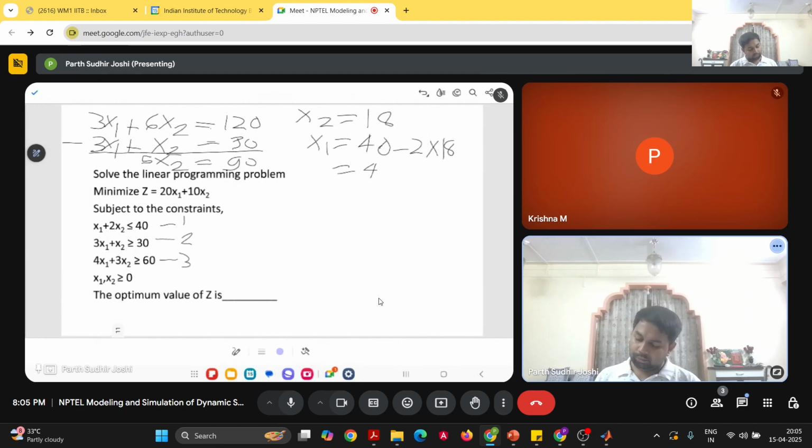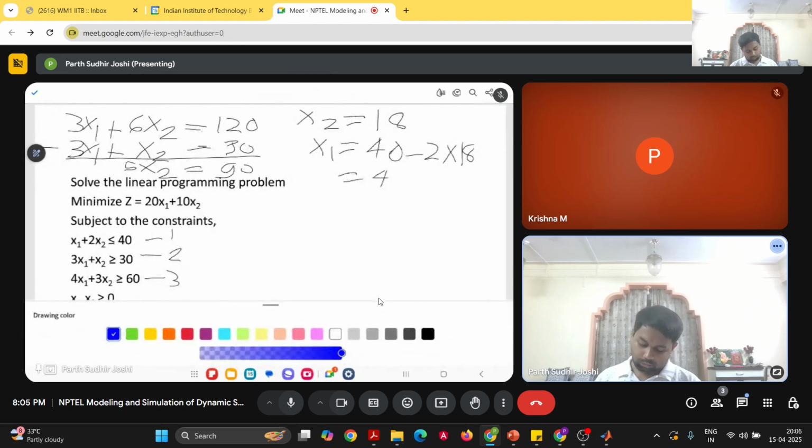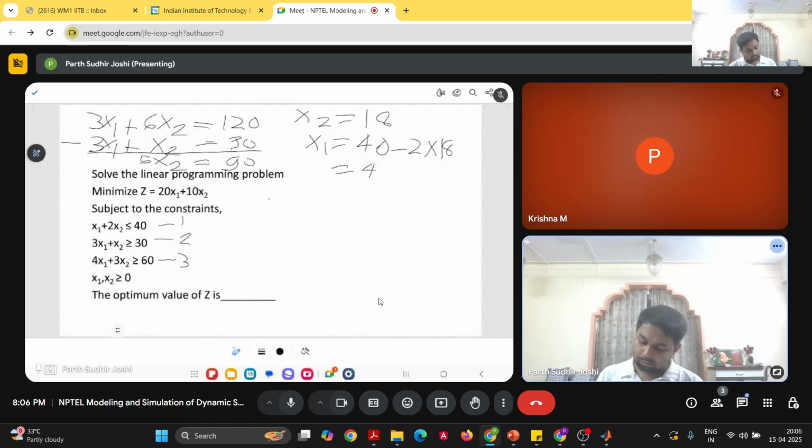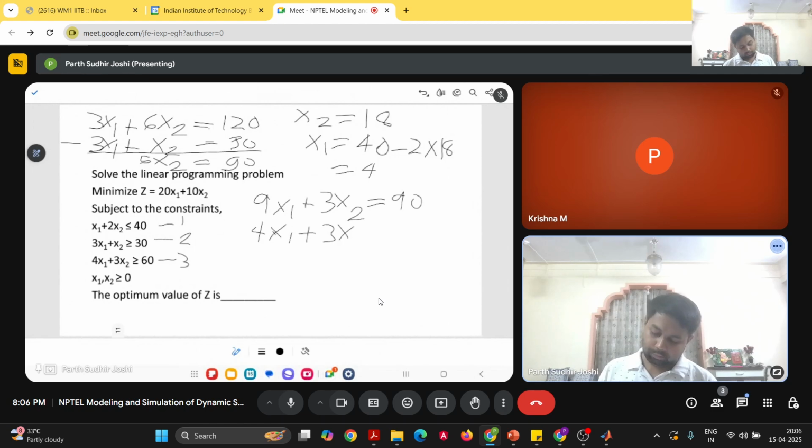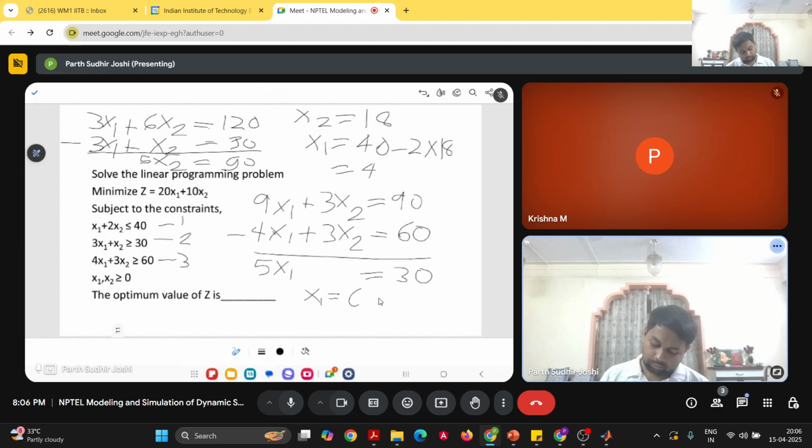It will become 9x1 plus 3x2 is equal to 90, and 4x1 plus 3x2 is equal to 60. If we subtract this second equation from the first one, we will get 5x1 is equal to 30. So x1 is equal to 6.